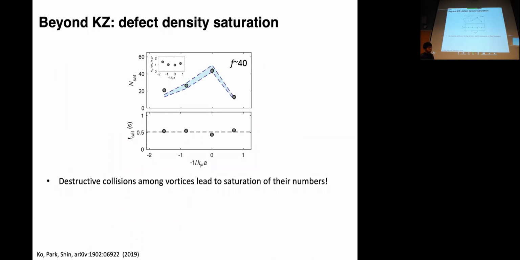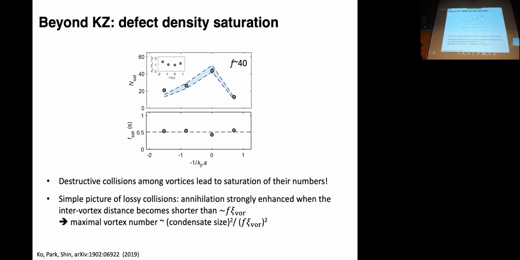And if the Kibble-Zurek mechanism is really probing the universal aspects of defect formation dynamics in our superfluids, I would say that the behavior of saturation is probing the microscopic details. The reason why these vortex numbers saturate at short quench times is because there are destructive collisions, interactions between vortices and anti-vortices in the system.